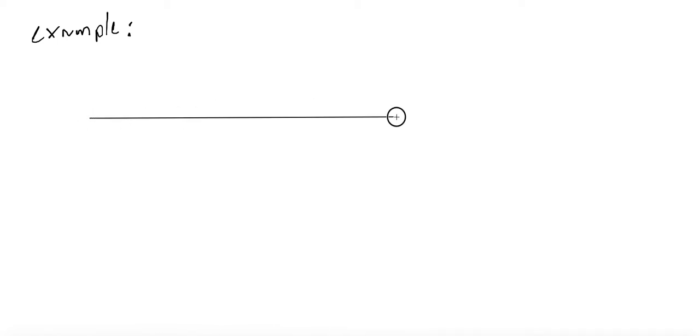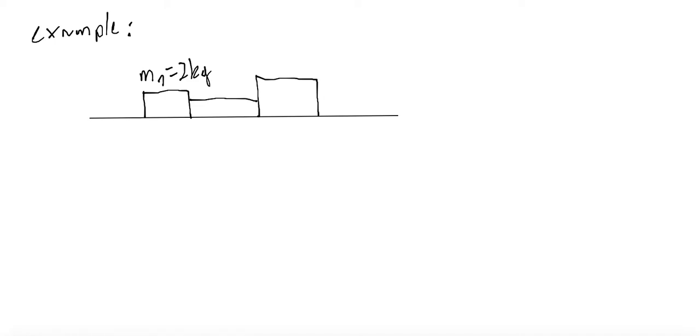Okay, so let's do the second example. Again, very similar. Let's imagine the same situation, so you don't need to imagine. We have again two objects, M1 of 2 kilograms and M2 of 4 kilograms, connected by an inextensible string.